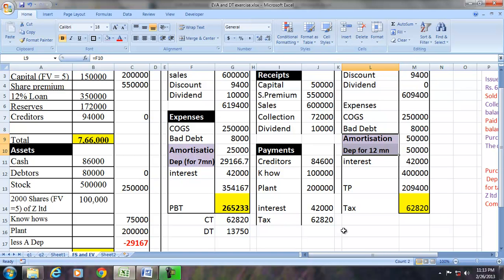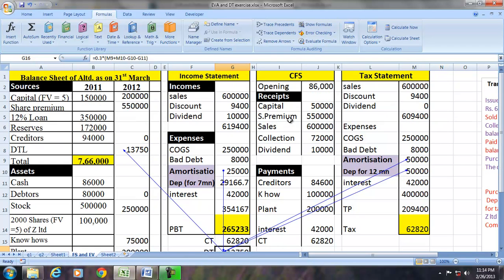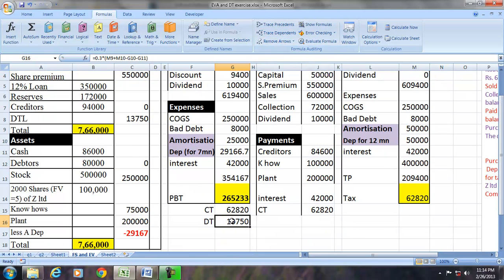So at a particular point of time there is a difference, but over a period of time there is no difference. So this CT is required to be paid, and DT is shown in the balance sheet as the liability. So the DTL on the balance sheet comes from deferred tax, and deferred tax comes from the timing difference between the tax statement and accounting statement.